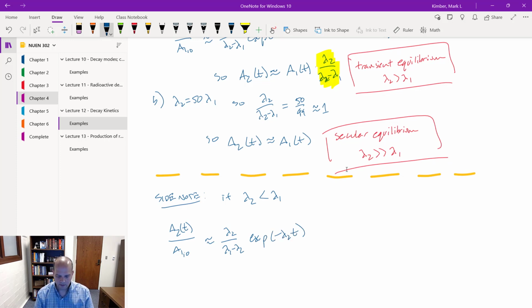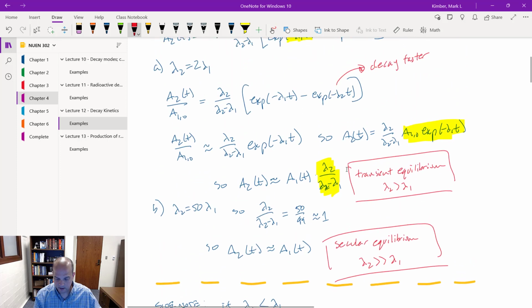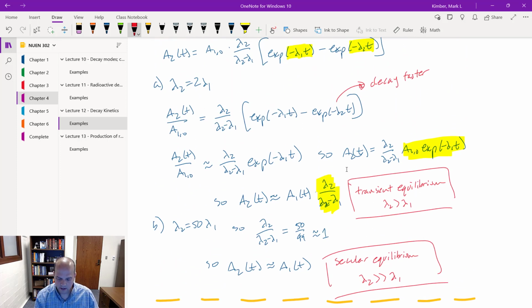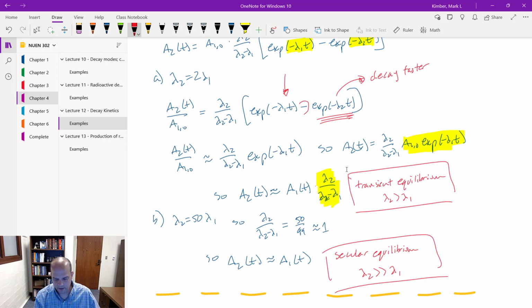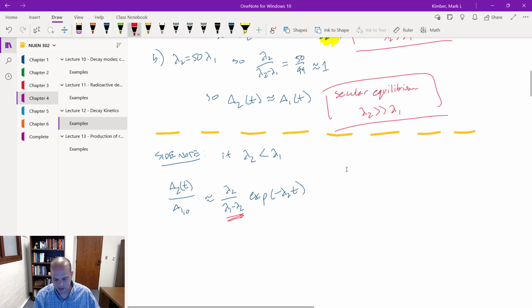And so you can see that we've changed the order of this. That comes from the fact that instead of the second term decaying faster, it was the first term decaying faster, and this negative here was distributed out there to become lambda 1 minus lambda 2. But the point is we have a different exponential term because the other one now decays away much faster.